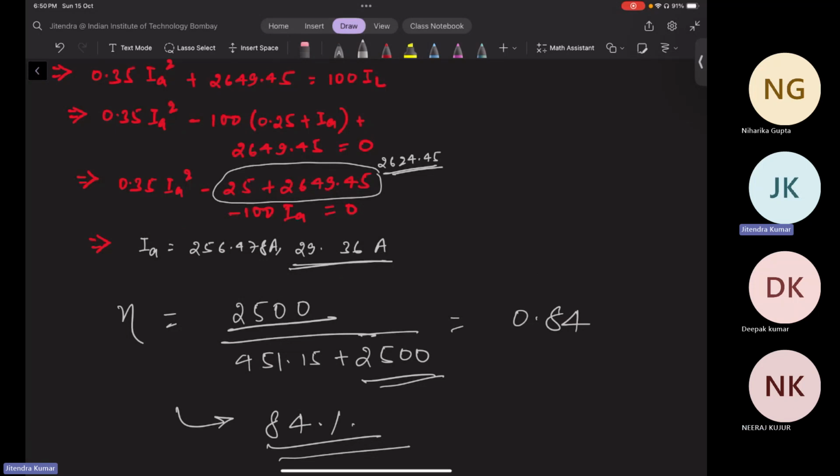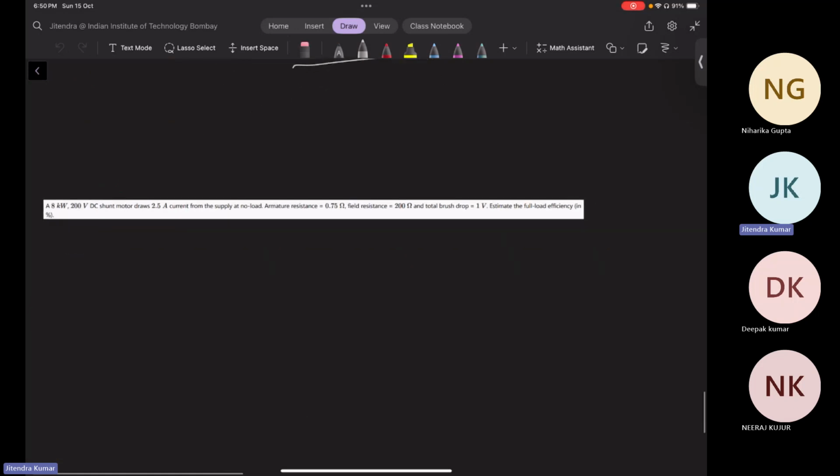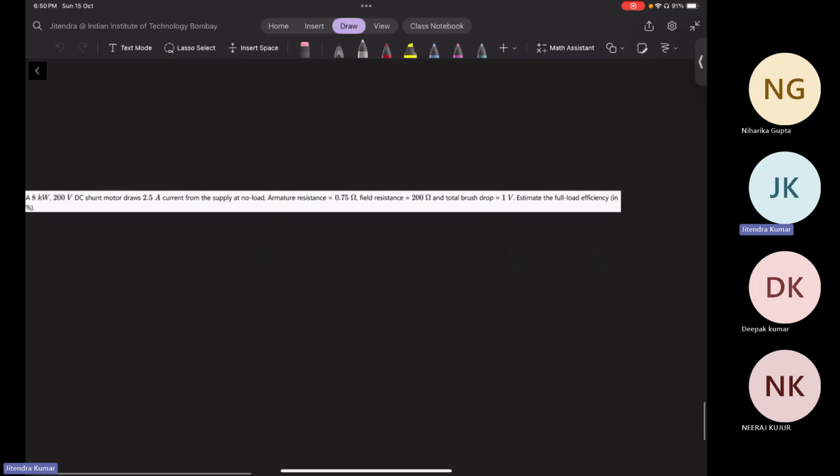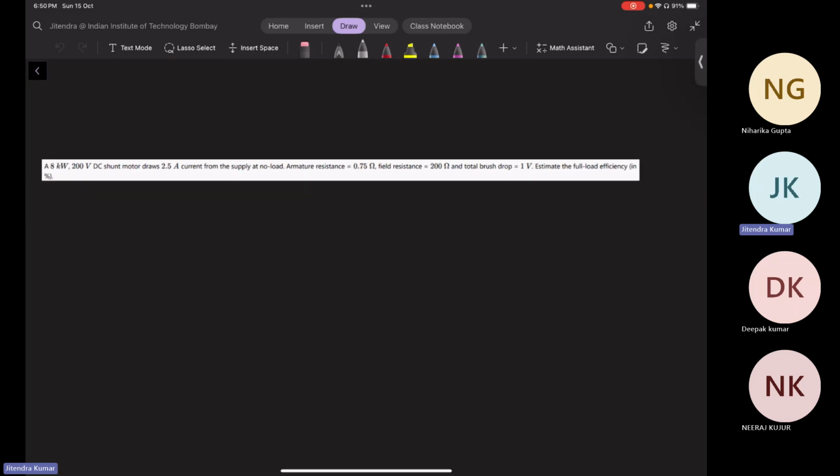So we should move ahead with another problem. Okay, so this is again a similar kind of problem, but here just the total brush drop is provided, and we have to find out the full load efficiency.